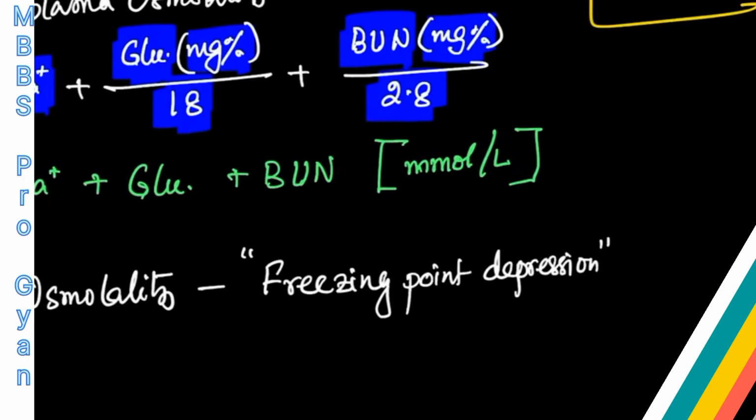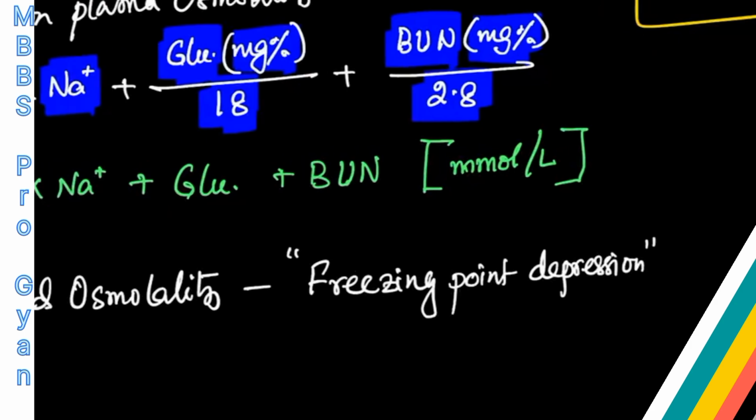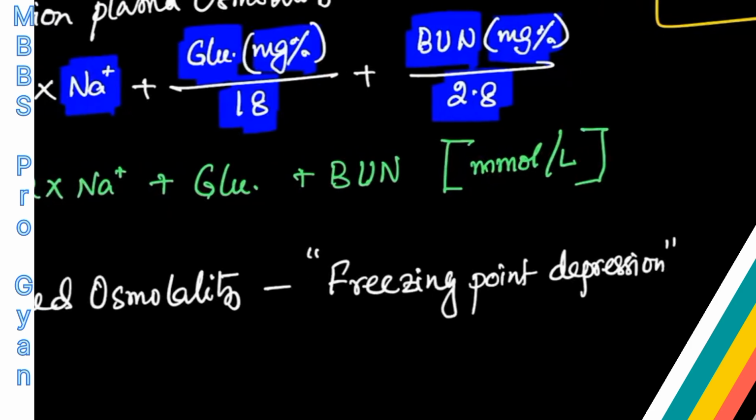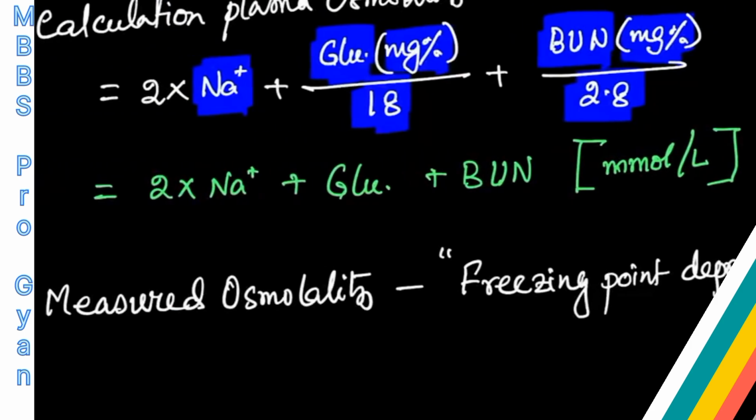This freezing point depression technique is used to measure the actual osmolality of the plasma in the lab. So this is known as measured osmolality.